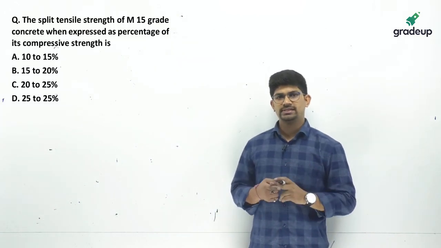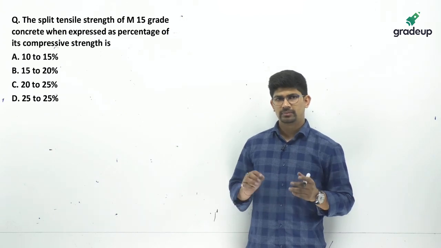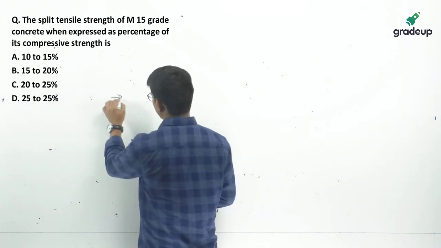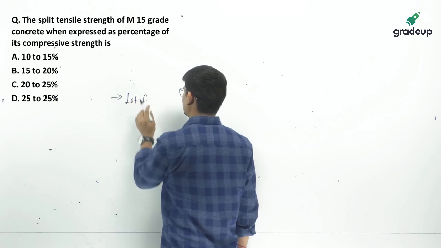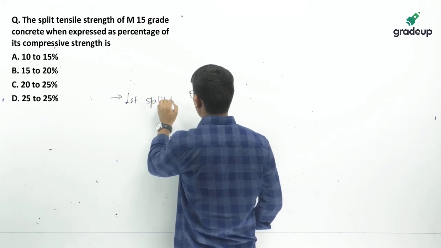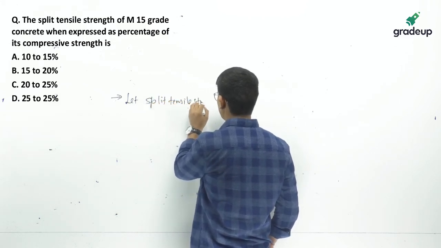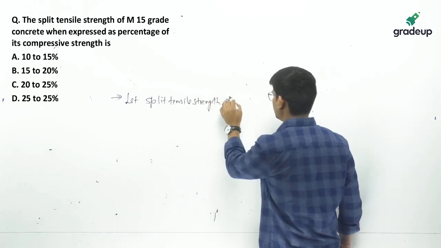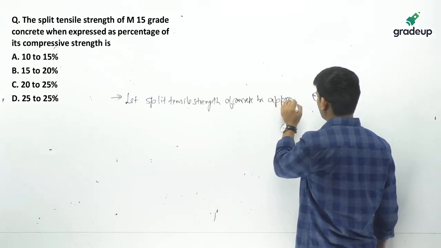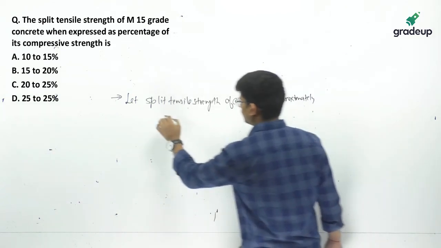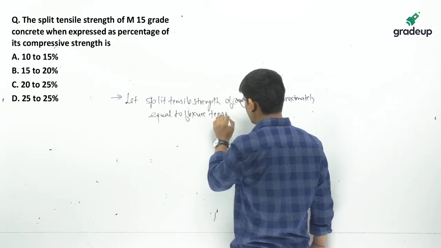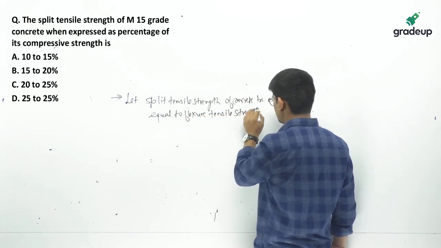There is split tensile strength and flexural tensile strength, but because both are small values, for solving this objective question you have to take a small assumption that the split tensile strength of concrete is approximately equal to the flexural tensile strength.